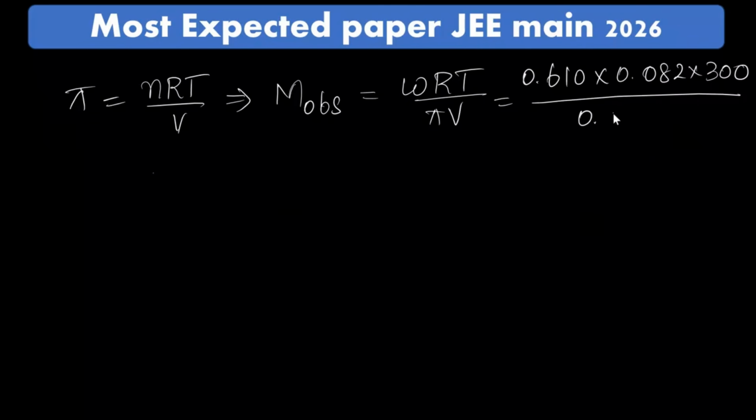So 0.0492 into 0.1, which will give you essentially the value as 244 gram per mole.